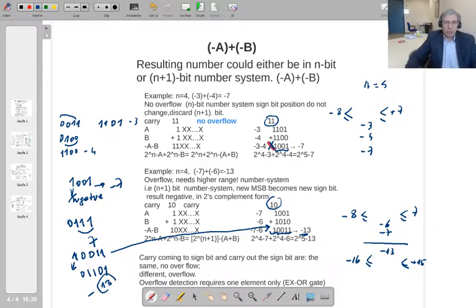So let me say the conclusion out of these slides. Conclusion is this. We know that arithmetic operations become summation operations if you represent the negative numbers in two's complement form.